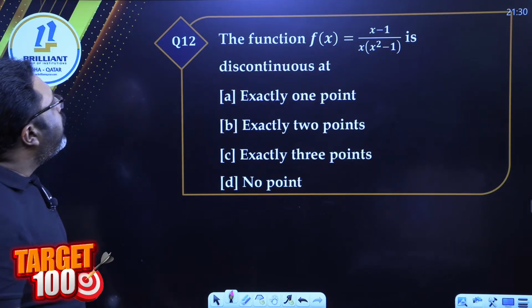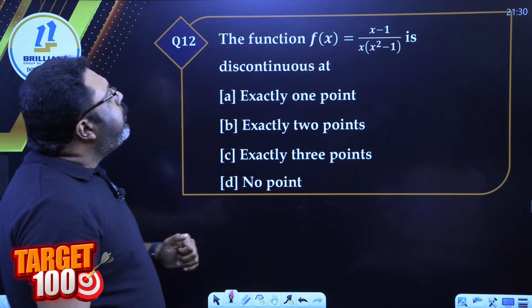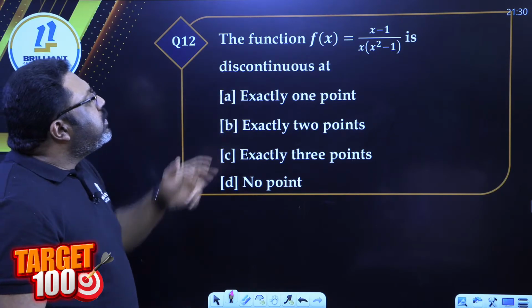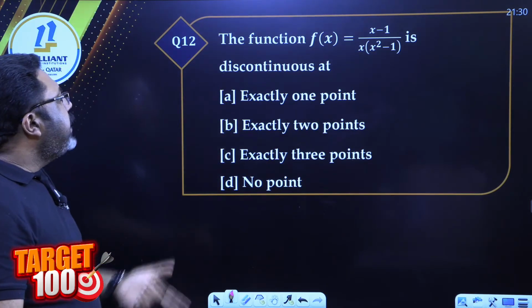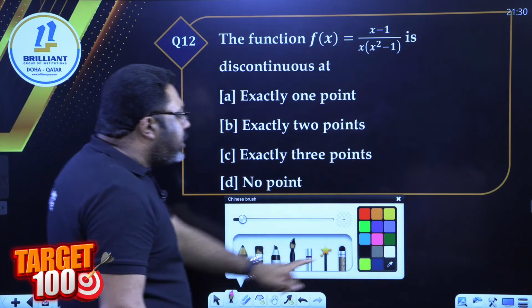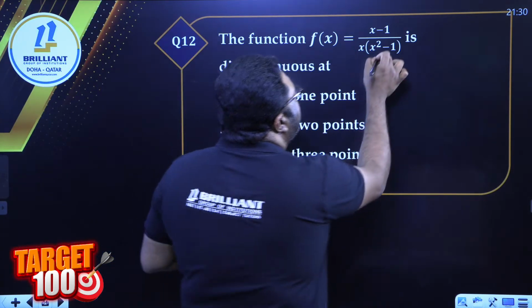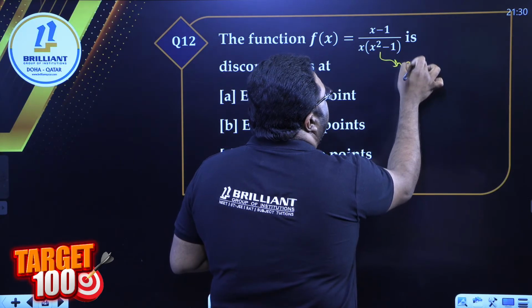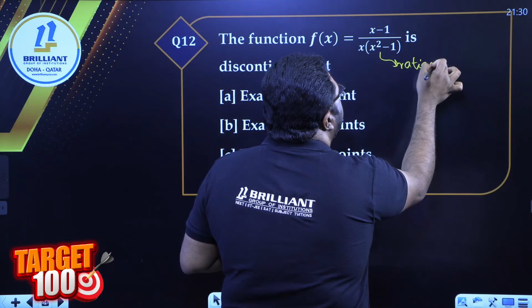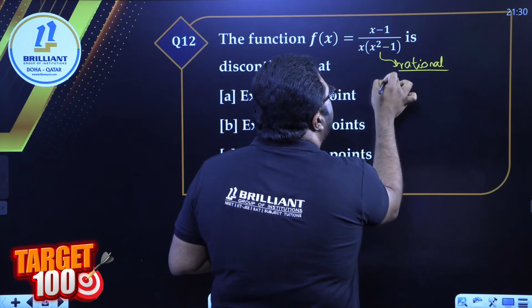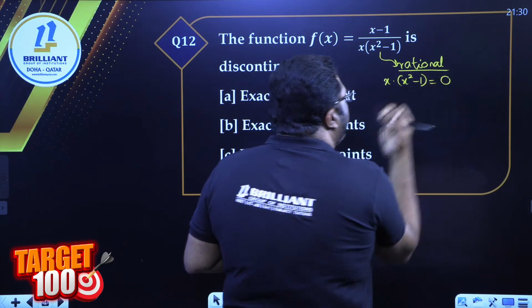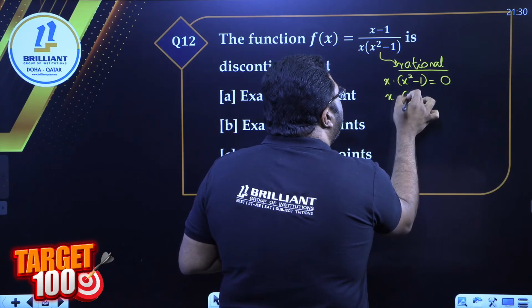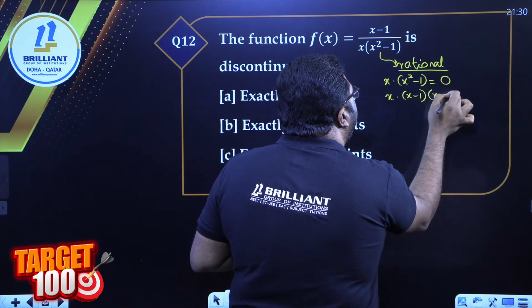Okay? Moving forward, students, the function f of x is equal to x minus 1 divided by x into x squared minus 1 is discontinuous. Again, it's a rational function. What should you do to a rational function? Analyze the denominator. The denominator x into x squared minus 1 equal to 0, that is x into x minus 1 into x plus 1.